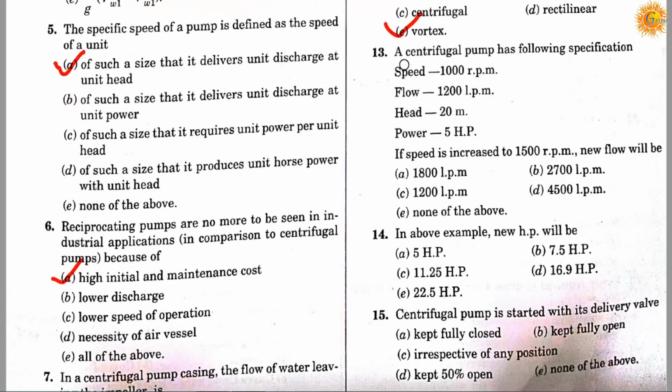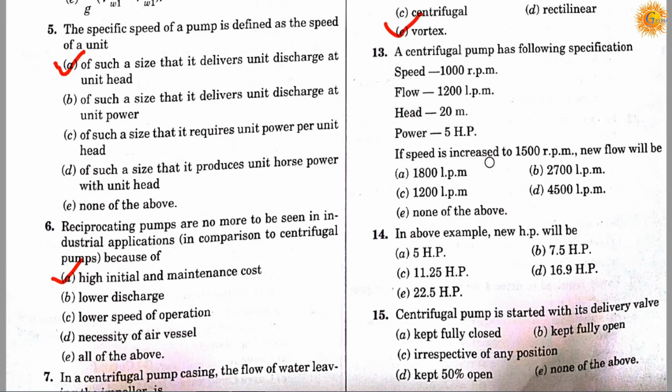Question number 13. A centrifugal pump has the following specification. Speed is 1000 rpm, flow is 1200 lpm, head is 20 meters and power is 5 horsepower.